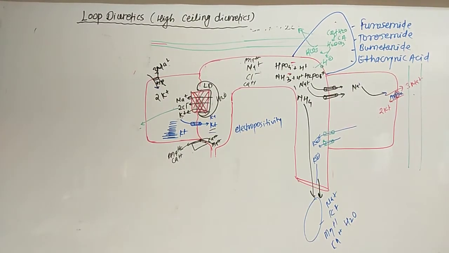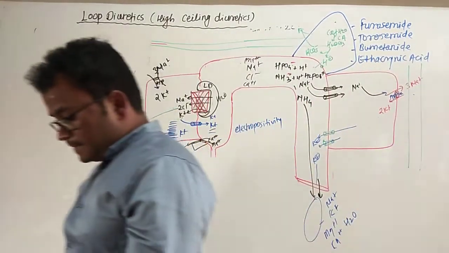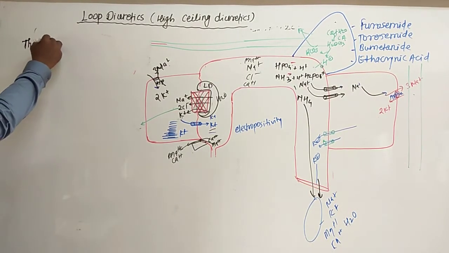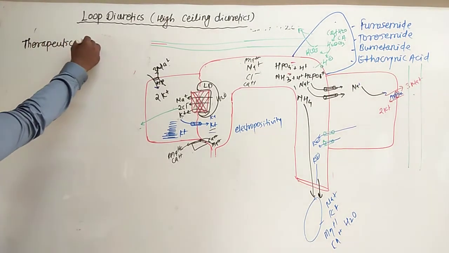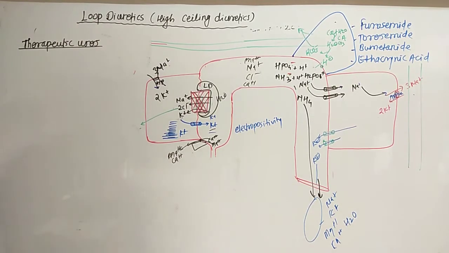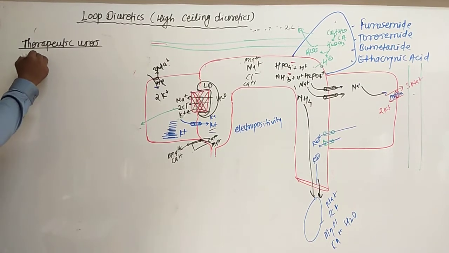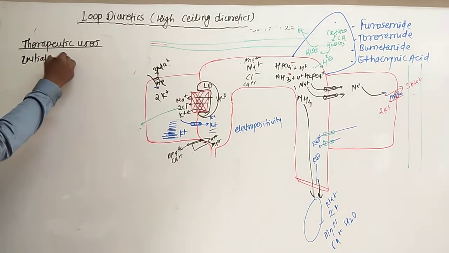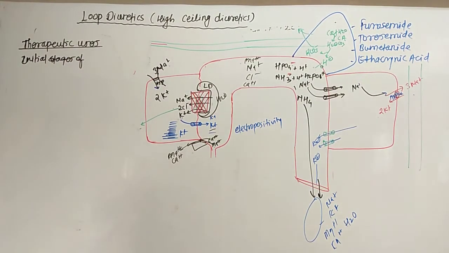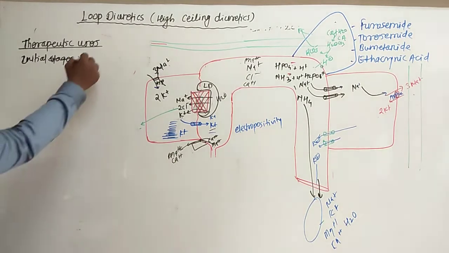Okay, so let's see the therapeutic uses of these loop diuretics. What is the use of loop diuretics? The first one is the initial stages of acute renal failure, and renal, hepatic and cardiac edema.